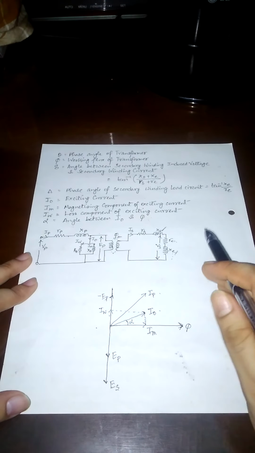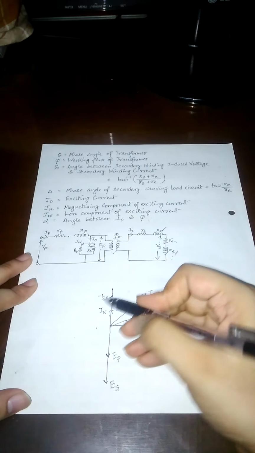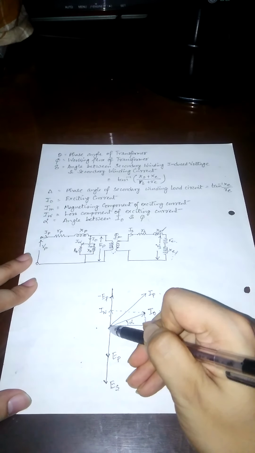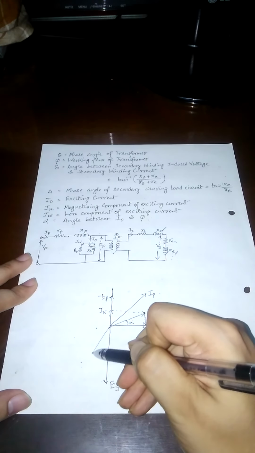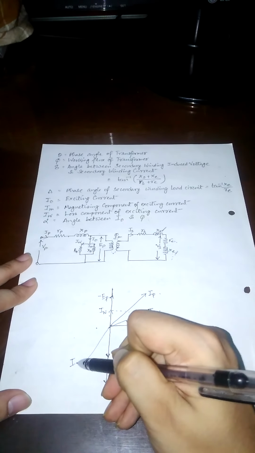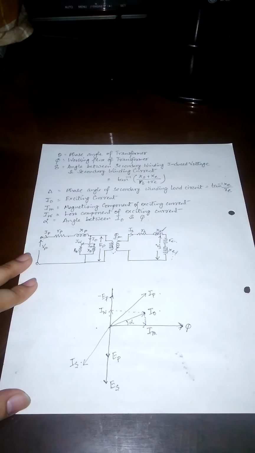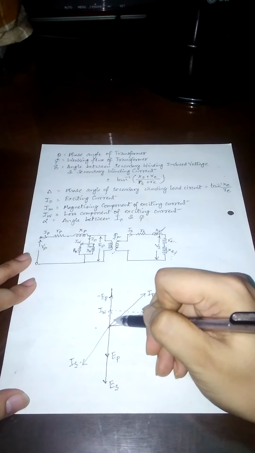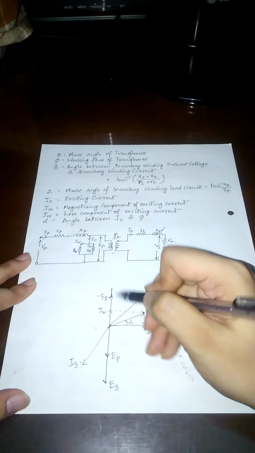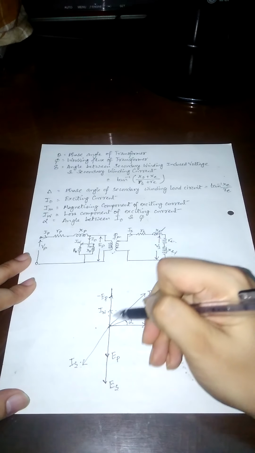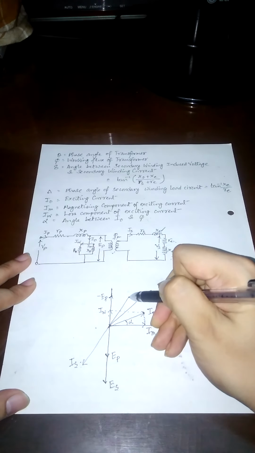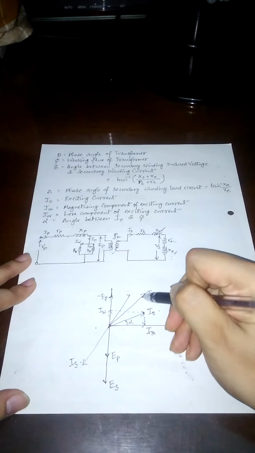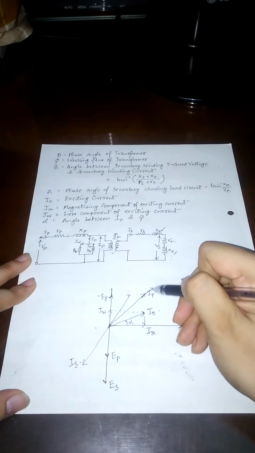So now if we consider the secondary current IS, this is ES, and this will be IS. Now if we reverse the secondary current in the opposite direction, it will look like this.